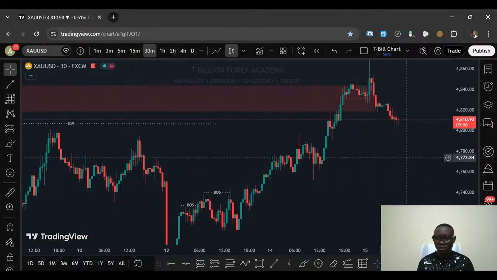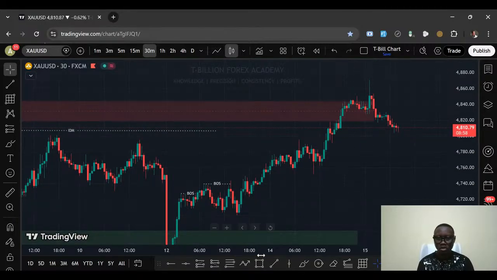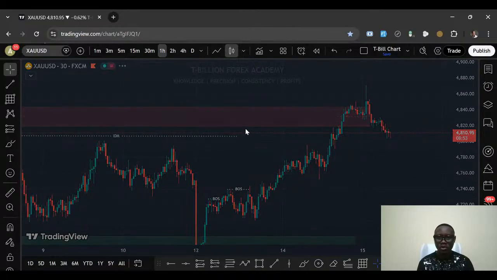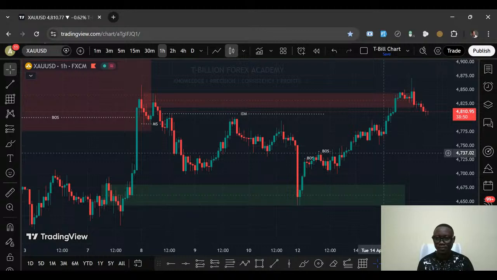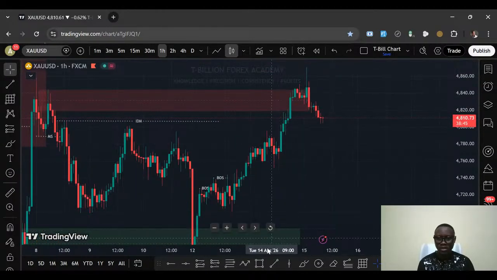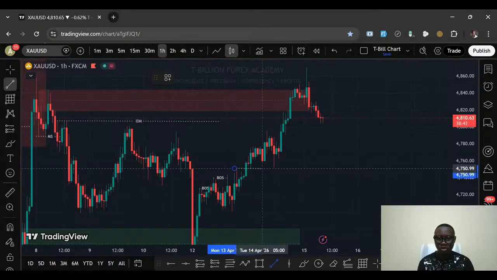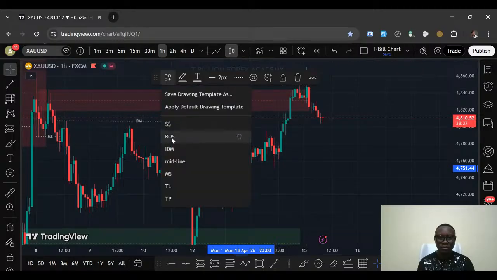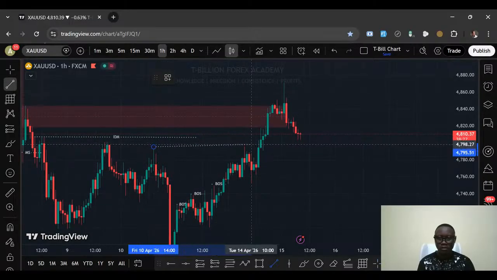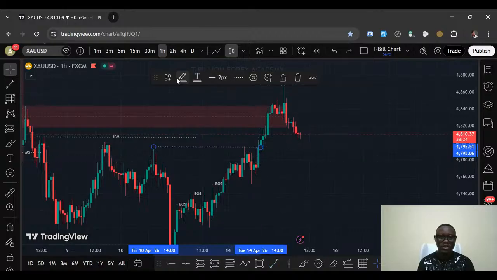So let's just move quickly to the most recent price action. Right, let's head back to our 1H time frame. Okay, so we had this break of structure right here as well on the 1H time frame, and we have this break of structure right here.